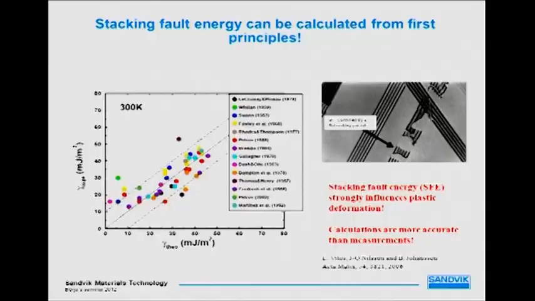The stacking fault energy is a very important parameter in the behavior of materials, because the two partials have to constrict in order to cross-slip. And the lower the stacking fault energy, the more difficult is this process. And this leads to work hardening. A low stacking fault energy leads to a high work hardening rate. So it's a very, very important parameter.